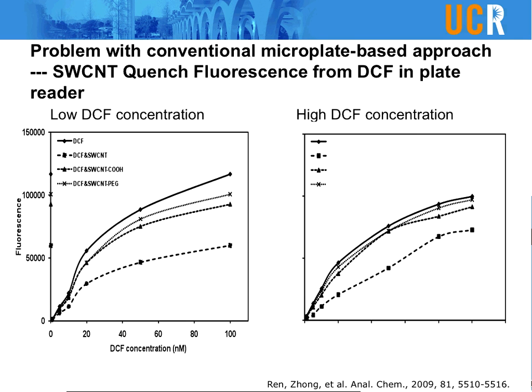In the plate reader, we can observe that the fluorescence of DCF is quenched by carbon nanotube. This quenching is also observed by other groups with other types of fluorophore, for example, fluorescein. This is attributed to the pi stacking of the fluorophore and the carbon nanotube itself. So when we use the microtiter plate reader for measurement, we have to do the calibration curve every time to adjust for this quenching effect.